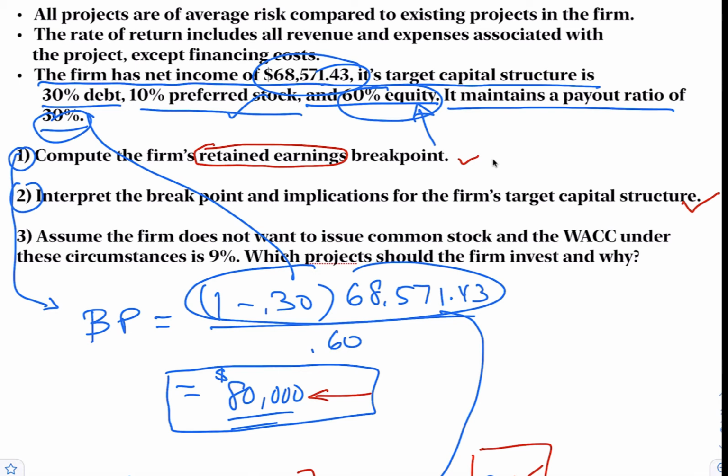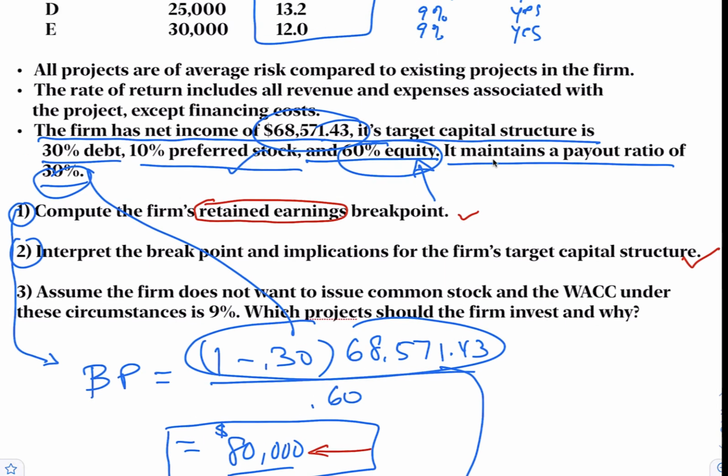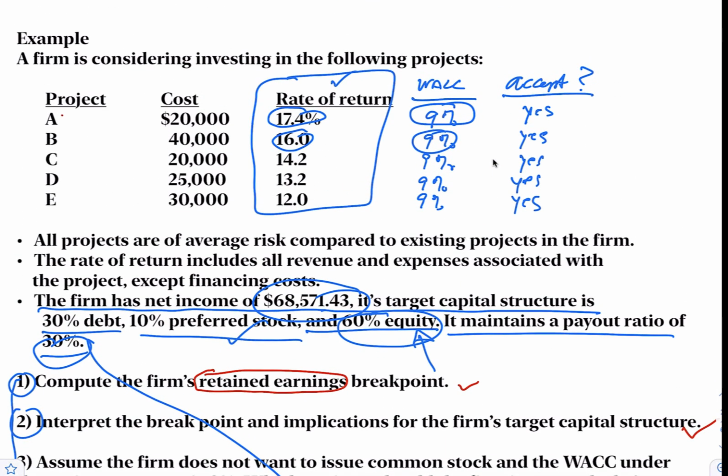This 80,000 is your increase in total capital structure, which means there's $80,000 available now because the firm borrowed $24,000 in debt, issued $8,000 in preferred stock, and gained $48,000 in retained earnings. It now has $80,000 to finance projects.